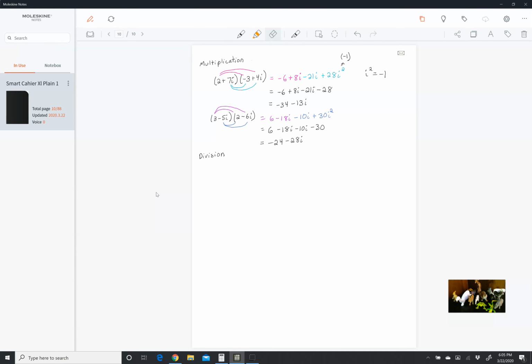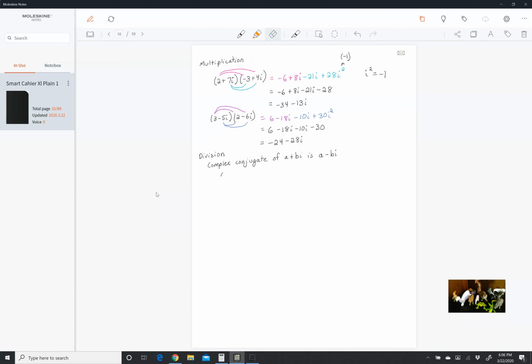So division, you need to know what the complex conjugate is. So the complex conjugate of a plus bi is a minus bi.